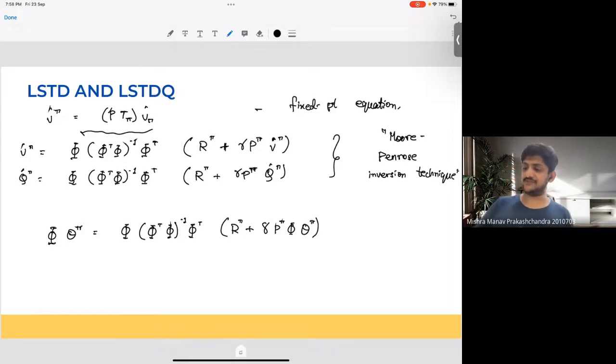So this is how this projection operator comes up. And this is the Bellman operator operating on v pi.